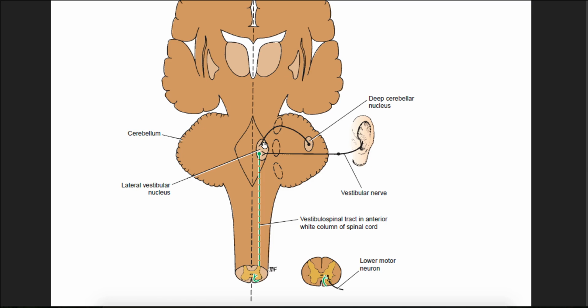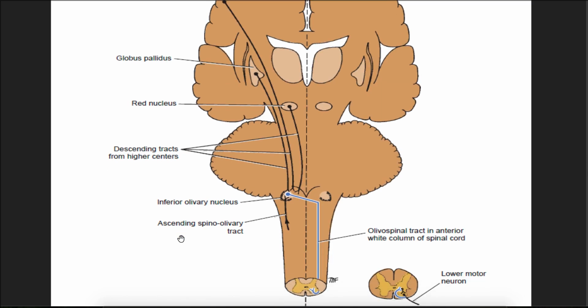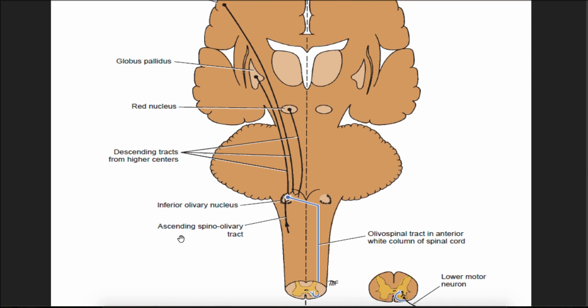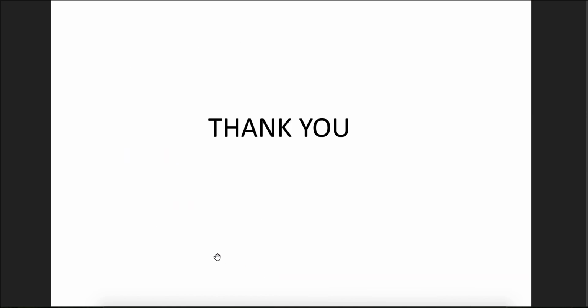These vestibular nuclei will emerge and give fibers which will descend as vestibulospinal tract, concerned with balance. And here you have olivospinal tract. Olivospinal tract, like the name suggests, it's from the cerebellum, from the olivary nuclei of the cerebellum, cross to the opposite side and they are descending down. And again, they are going to be concerned with motor activity.